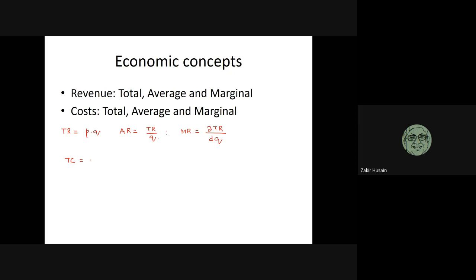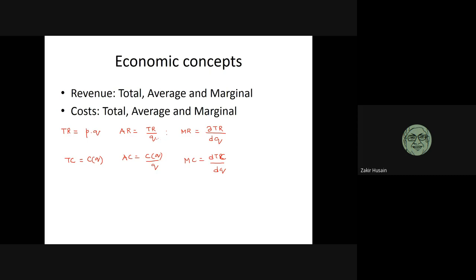Similarly, TC is the total cost. We write it like this. Average cost is total cost by quantity. Marginal cost is del TC by del Q. Okay, so be careful.